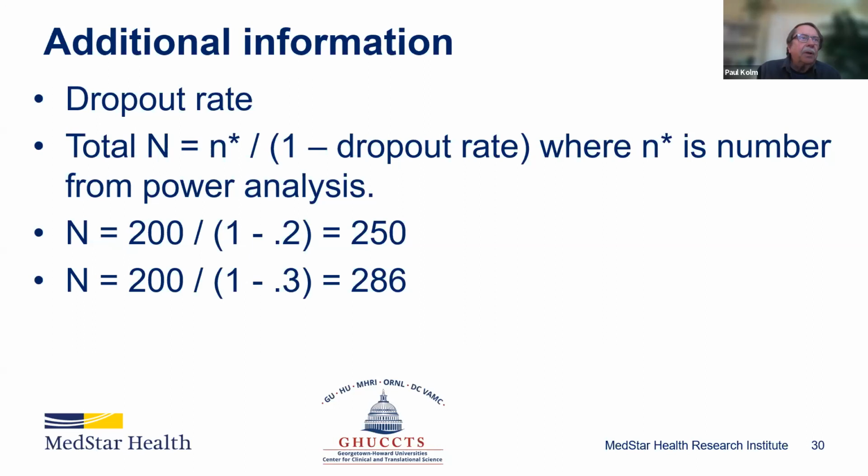For example, if we calculated that we needed 200 patients in a study and we expected a 20% dropout rate, then that's 200 divided by 0.8 or 250. If we expect a 30% dropout rate, then we're going to need more, obviously. So that's 200 divided by 0.7 or 286. So that's how you calculate sample size, factoring in a dropout rate.